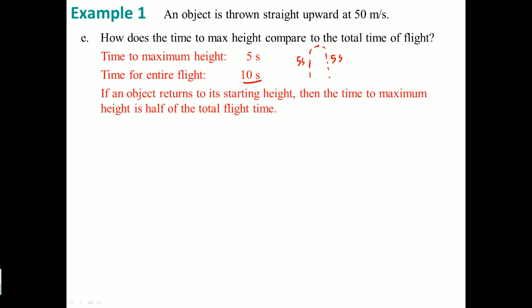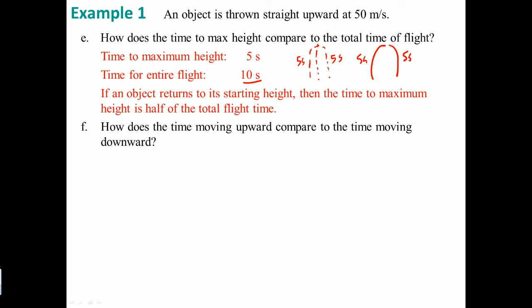If an object returns to its starting height, then the time to its maximum height is half of the total flight time, which makes sense because it behaves like a parabola. If it takes 5 seconds to go up, it takes 5 seconds to come down.